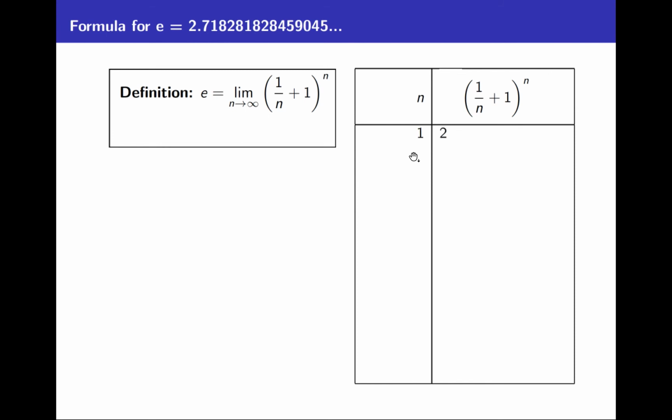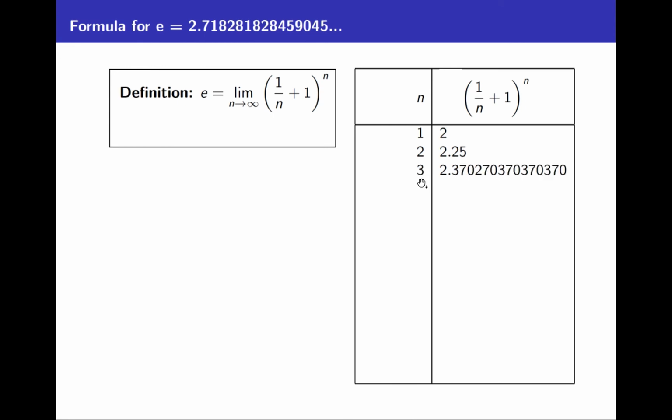For example, when n is 1, over here in the second column we get (1/1 + 1) to the power of 1, which is 1 plus 1 to the power of 1, or 2. Whereas if n is equal to 2, we get (1/2 + 1) to the power of 2. That's 3 halves squared, so that's 9 fourths, or 2.25.